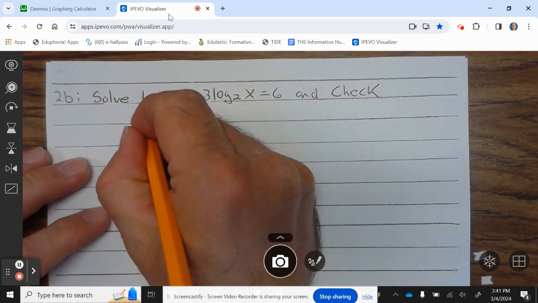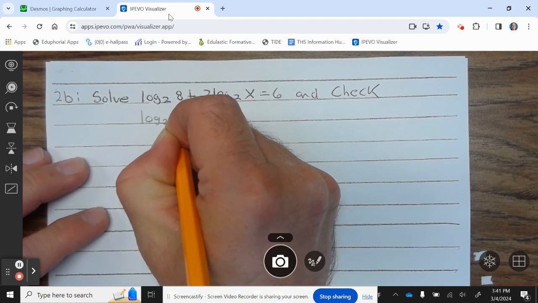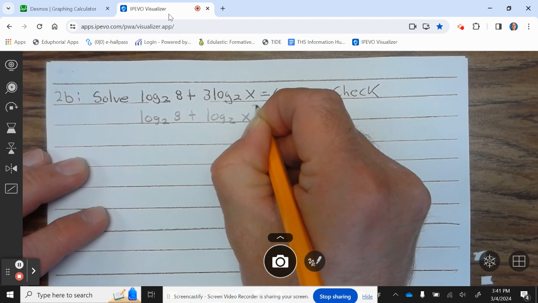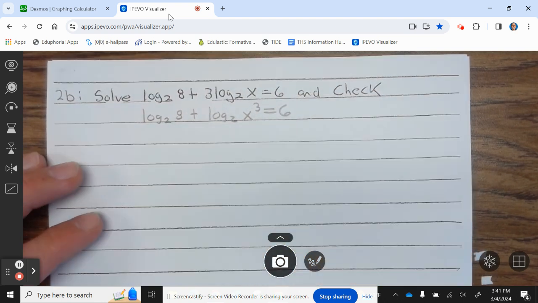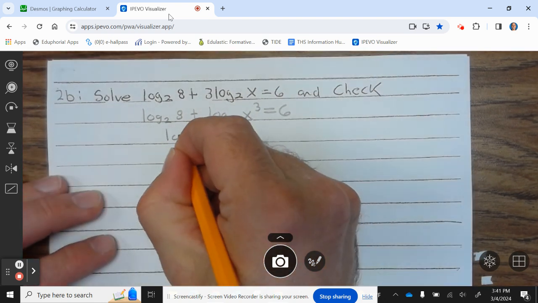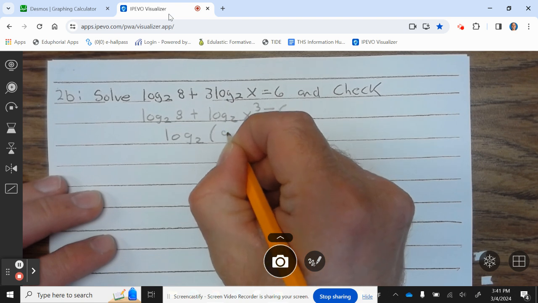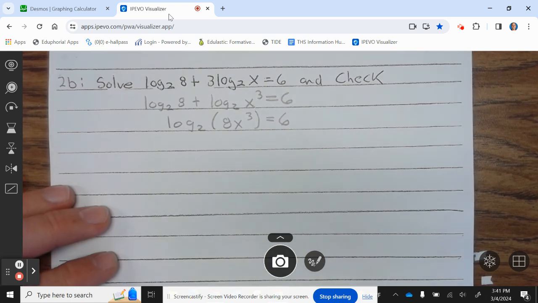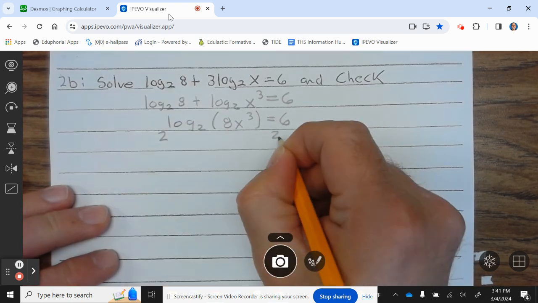Okay, first off, I'm going to rewrite this as log base 2 of 8 plus log base 2 of x cubed equals 6. Then we can rewrite this as log base 2 of 8x cubed equals 6. Raise both sides by 2. This cancels.